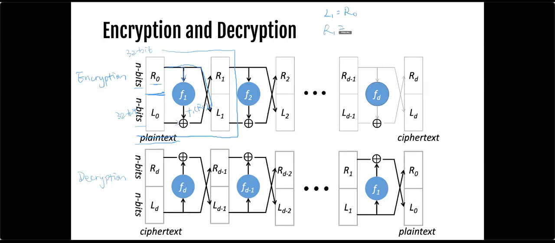So R1 is equal to L0 XOR F1 of R0. Similarly, we're going to do this again for 16 rounds, and we get the ciphertext. Then similarly, to decrypt from a ciphertext to a plain text, you do a similar operation, and you will finally get the plain text.